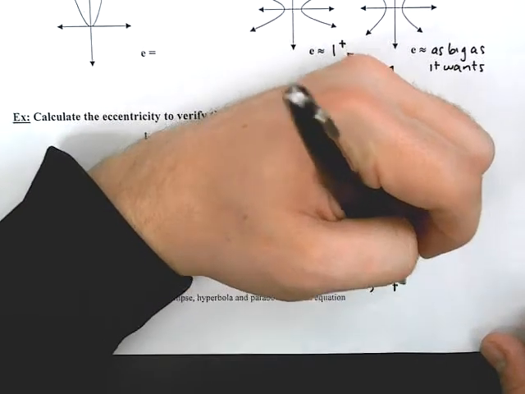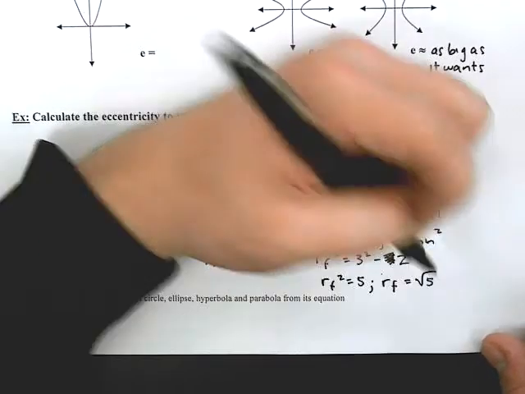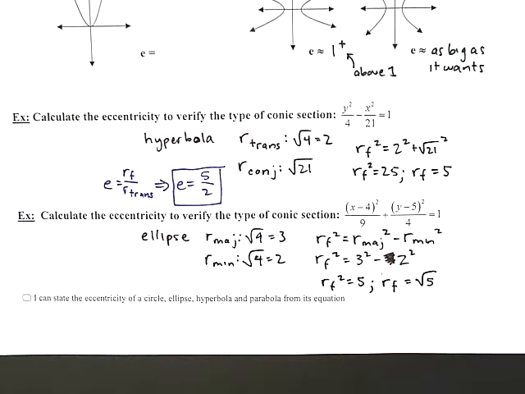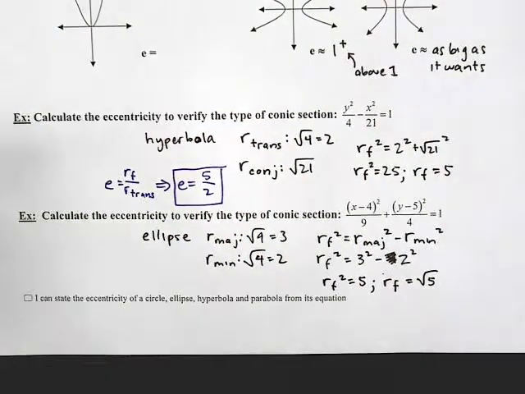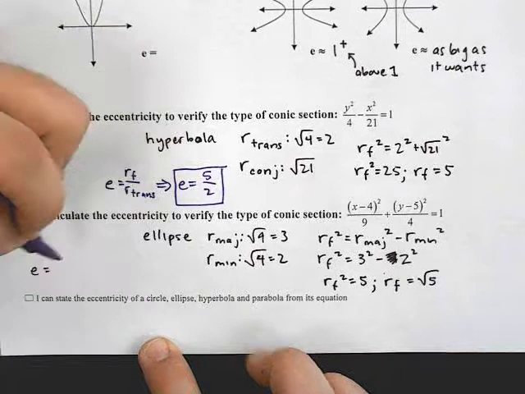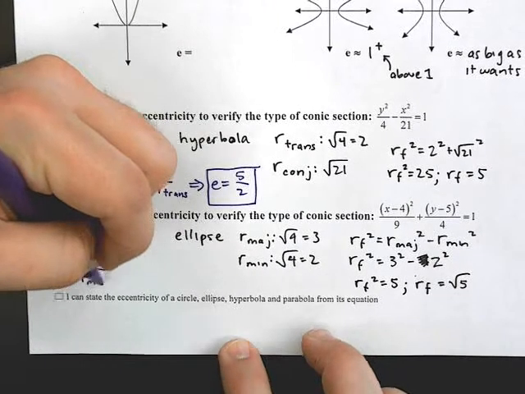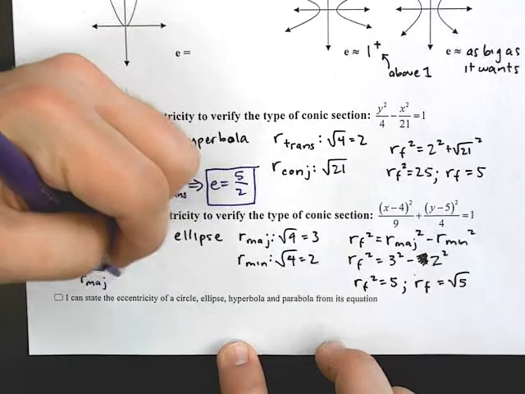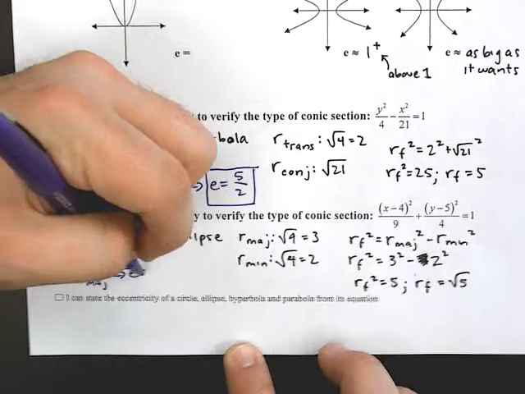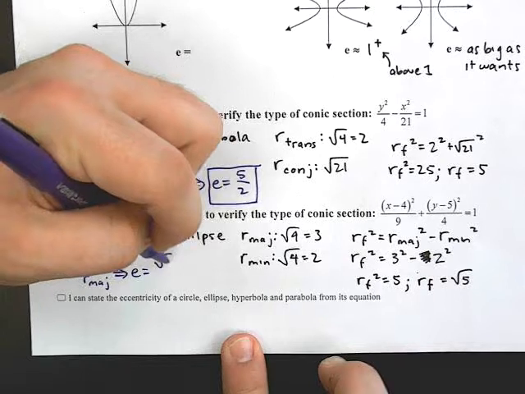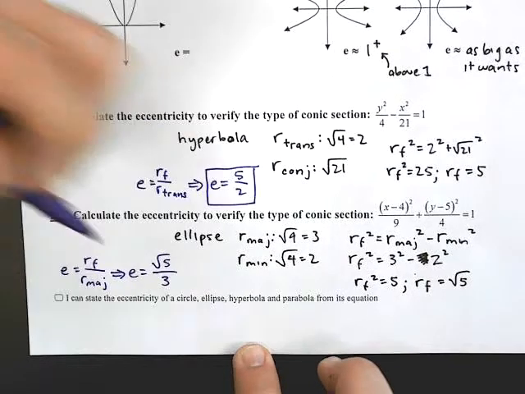Or r sub f is equal to the square root of 5. Now, when we calculate, eccentricity should be r sub f over r major, or in this case, E is equal to square root 5 over 3.